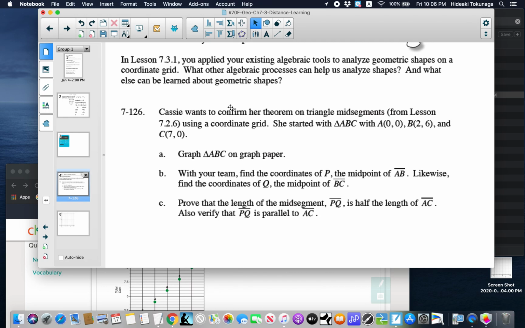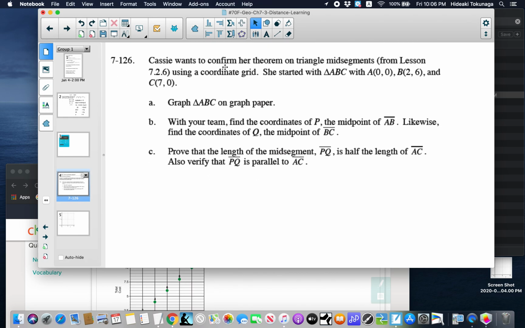For this question, Cassie wants to confirm her theorem on triangle mid-segments from lesson 7.2.6 using a coordinate grid. She started with triangle ABC with A (0, 0), B (2, 6), and C (7, 0). Question A, graph triangle ABC on graph paper.